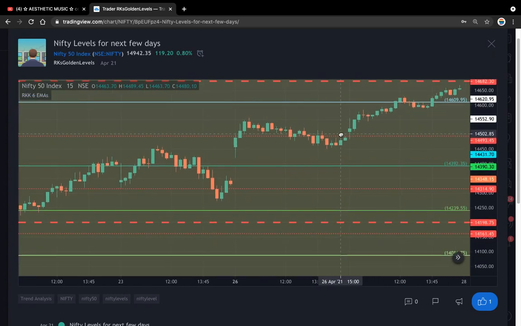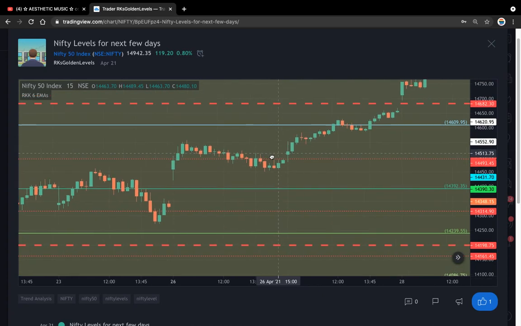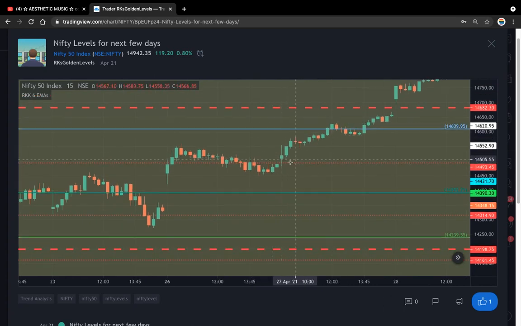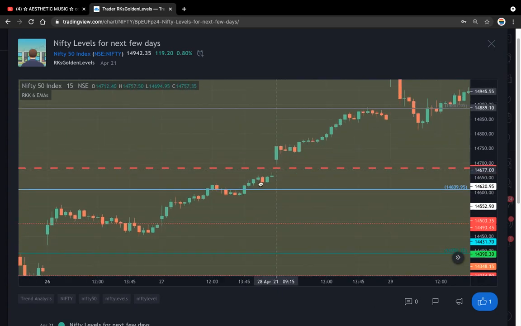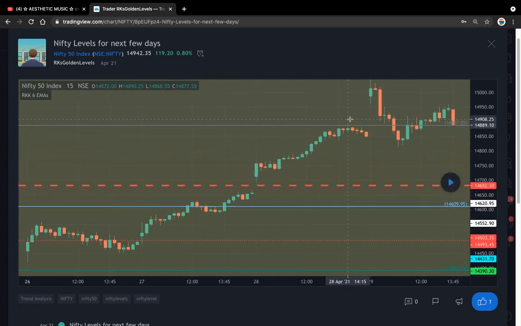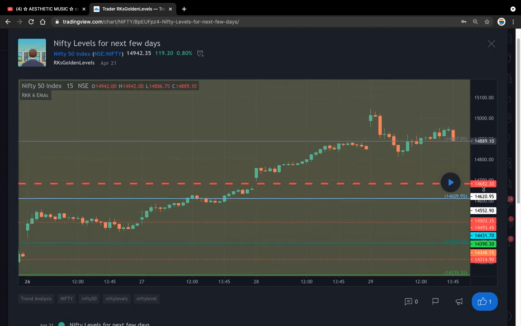When it reverts, it will definitely give two levels target. First target achieved, again it closed above, second target achieved, and the stock kept going above our levels, and even the target of this level was achieved.